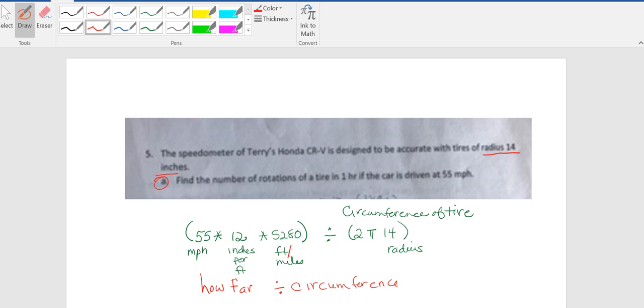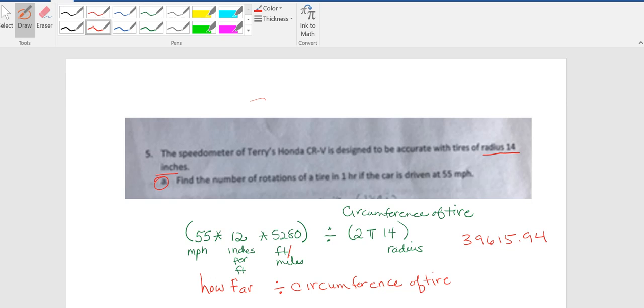Now, there's two possibilities here for the circumference of a tire. It's 2 pi r, r being the radius, so in this case 14. Using the pi button, you get 39,615.94.